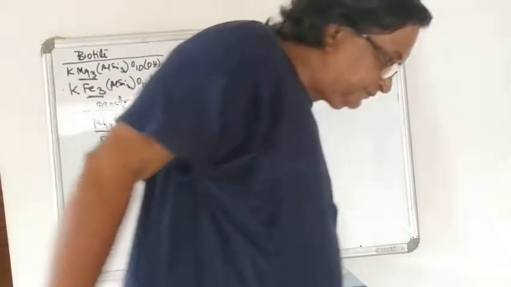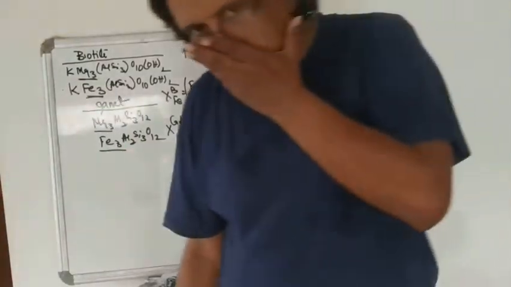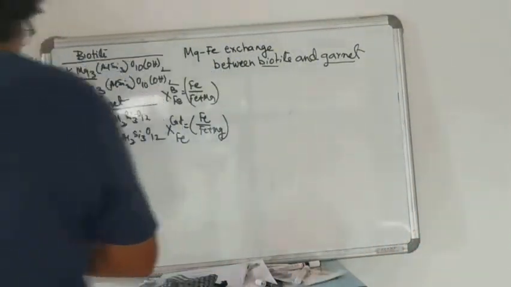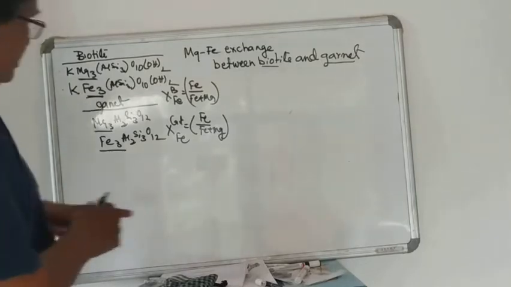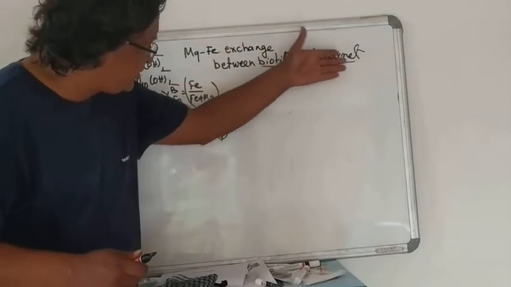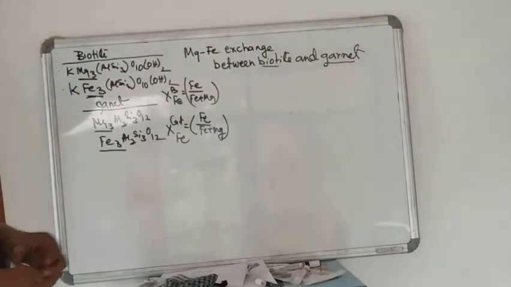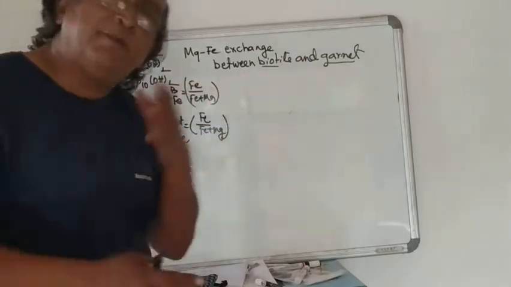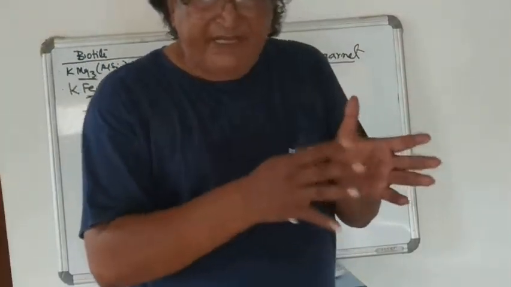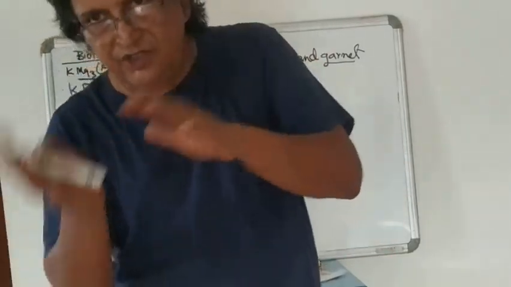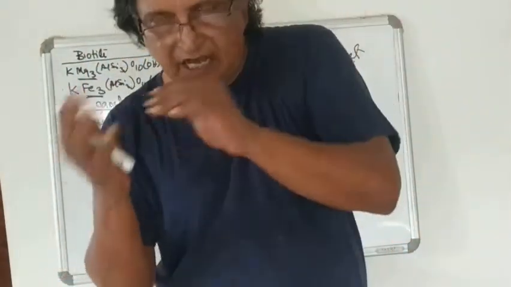Have you understood? Right. Now with this, we start to write. So if you have Fe-Mg exchange between biotite and garnet, then you have to write a stoichiometric reaction of magnesium and iron exchanging between biotite and garnet.